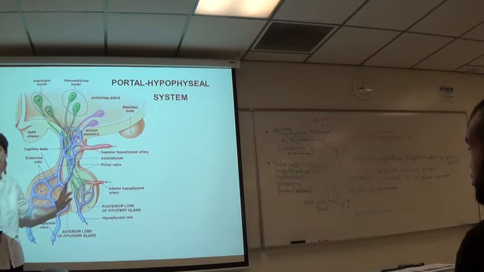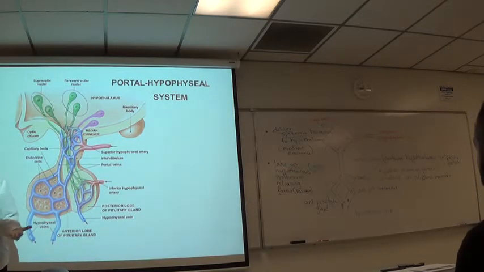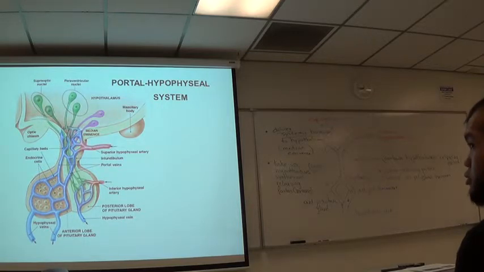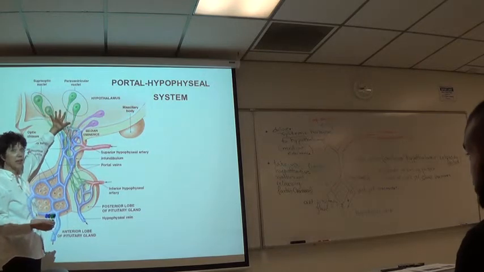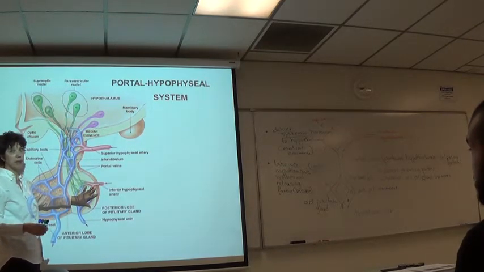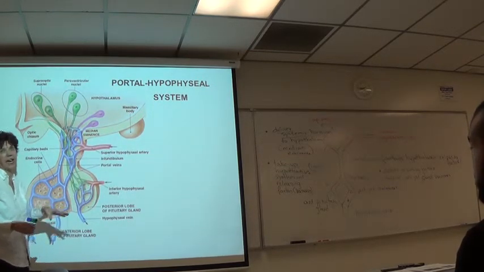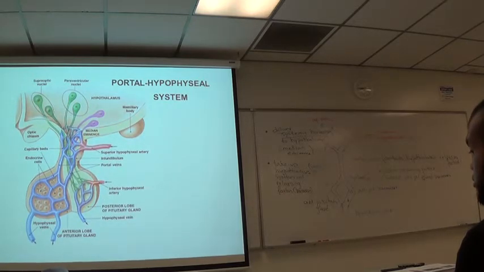So there are 2 patterns of synthesis and 2 mechanisms of regulation. If there is a regulation of what these make, it comes from the bloodstream up here. The bloodstream down here is merely picking it up. It's not the site of any kind of regulation.